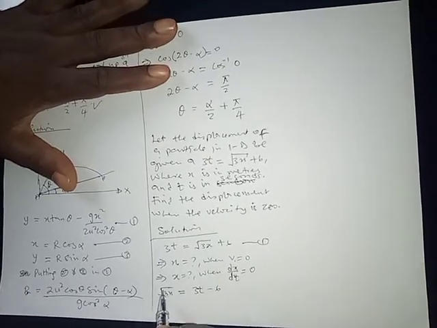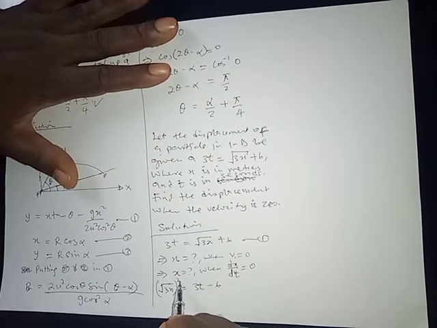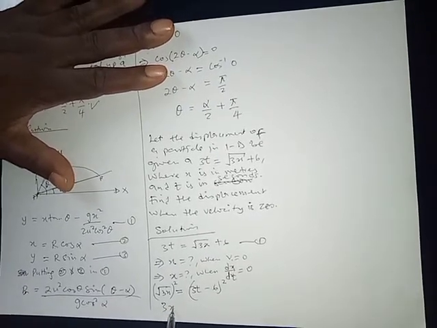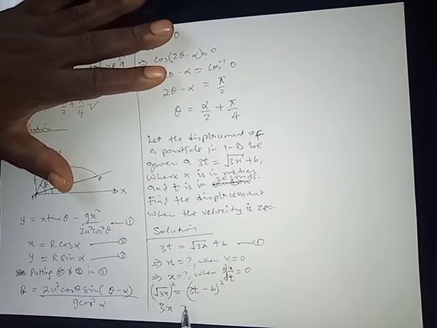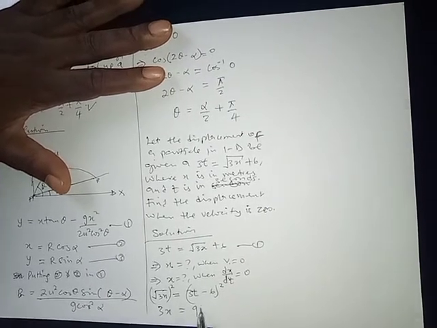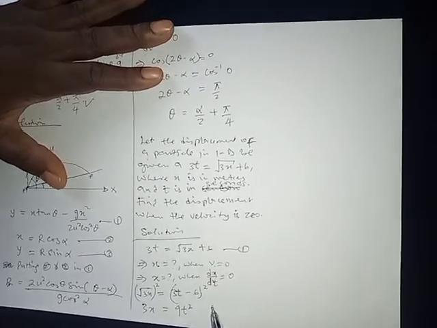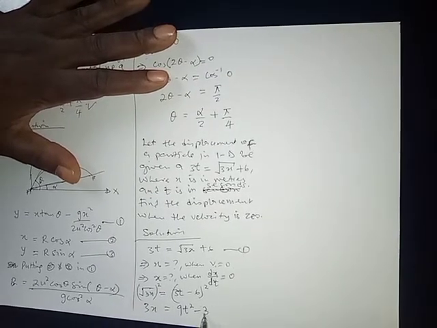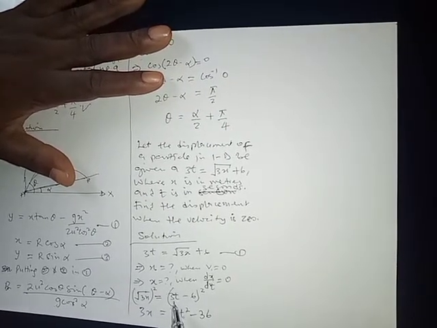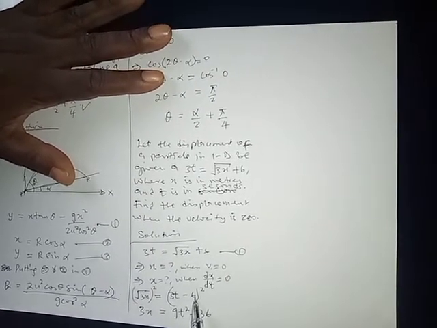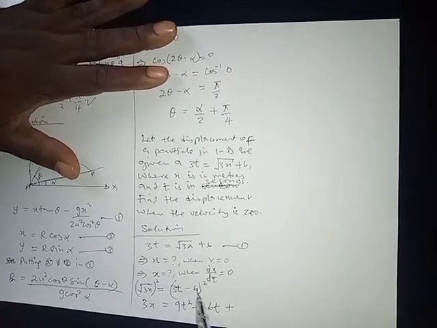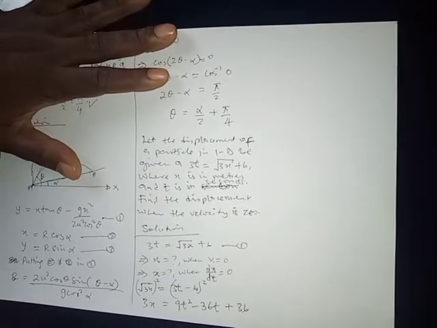So we can square both sides to get 3x equal to 9t square, then minus 36t, that is 3 times 9 times 2 will be 36, then plus 36.